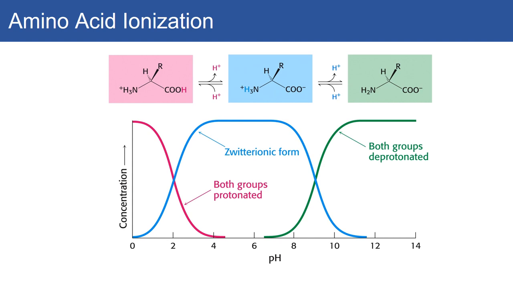As we get into the alkaline pHs, that form decreases, and we see more of the negatively charged form, where the carboxyl group is deprotonated, and therefore you see a net negative charge. And so as we go through the pH range, different charge states of the molecule emerge in different concentrations.